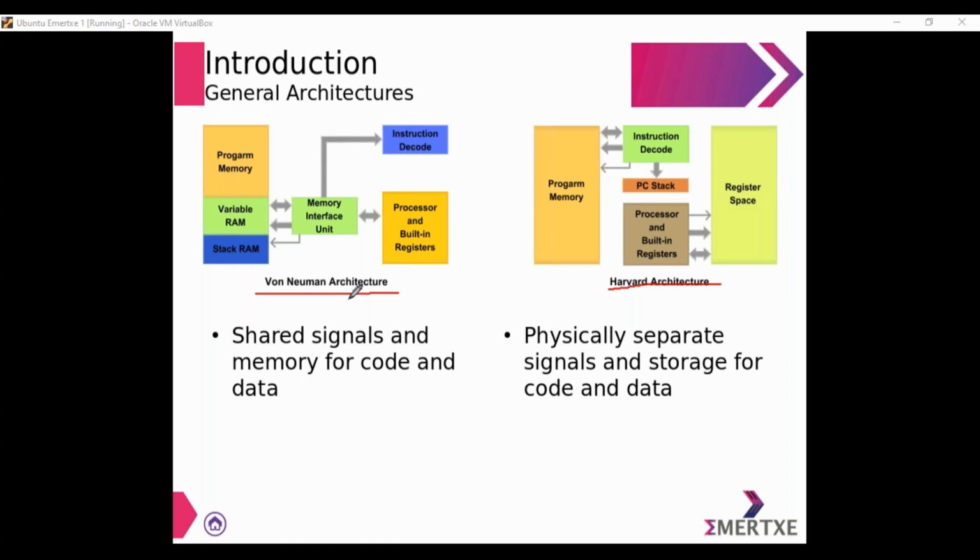To store the data as well as the code, you use the same memory. There is no separate boundary for the code and the data. Because there is only one common memory, you have one particular bus to transmit both the code and the data.